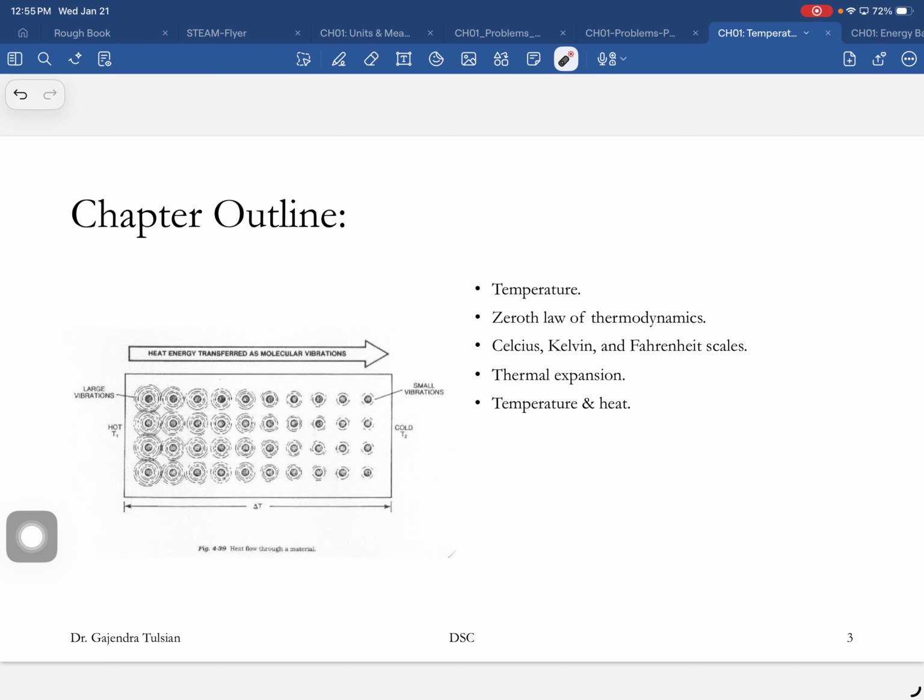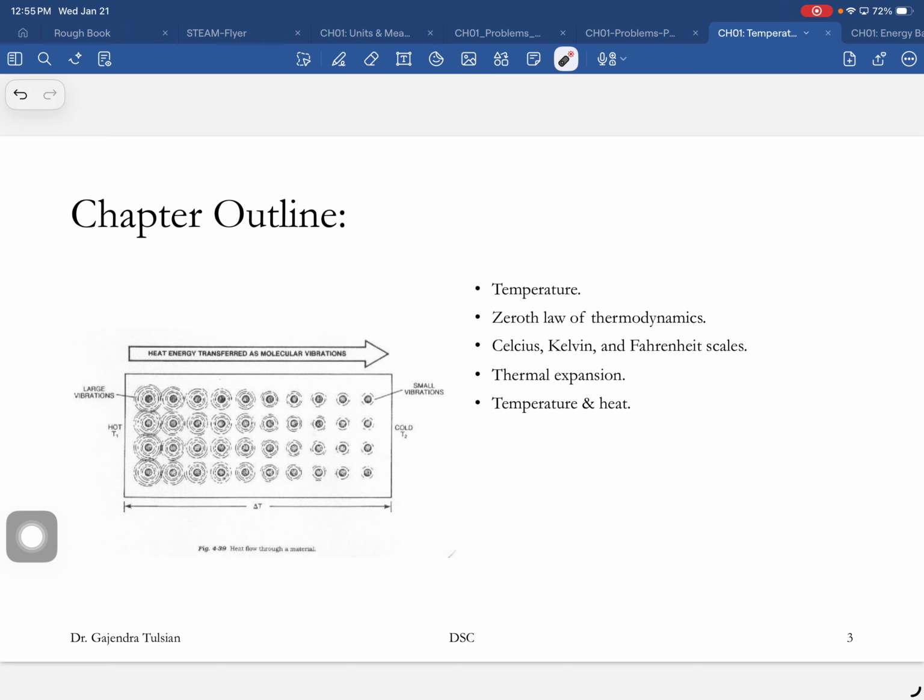As David had mentioned, here's a little diagram; you can think of this as the table. This end of the table is hot, and this end is cold. Even though these atoms are at fixed locations, when this end of the table is hotter, it's vibrating with a greater amplitude. So these guys have greater average kinetic energy than these guys.